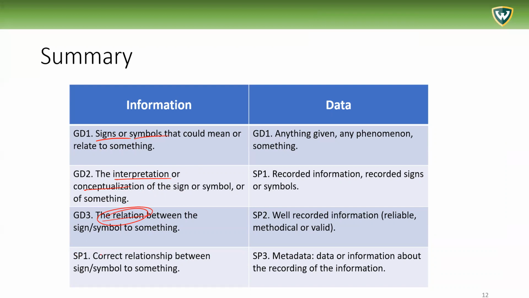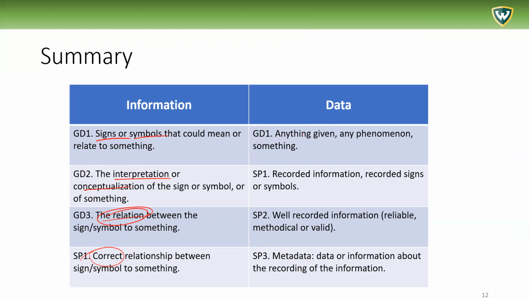And then lastly, we can think of the relationship being correct or incorrect. Once again, I'm using this term as correct in direction, not correct as 100% or 0%. So truthful, reliable, and so on. Now the data side is more about the record.